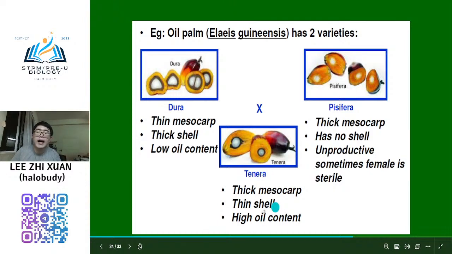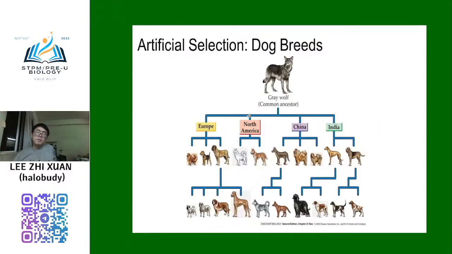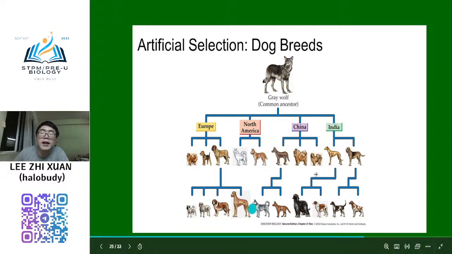Higher quality, higher production of palm oil. And then another one is dog breeding. The ancestor of the dog is actually the wolf, but nowadays they have mixed them all together, so there are many dogs today.